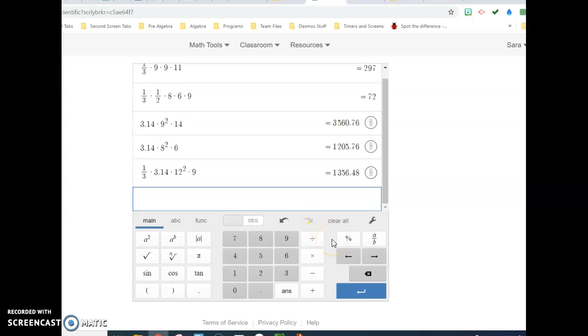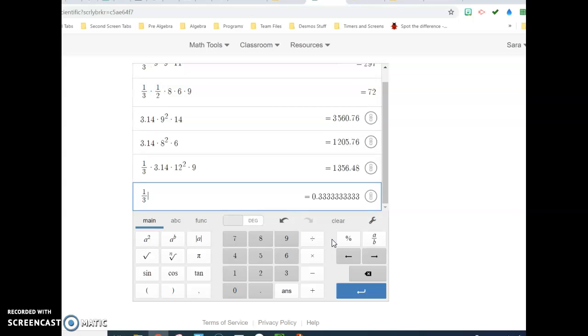So we're going to come back here one more time and do 1/3 times pi, which is 3.14, times my radius 5 squared, times 8. Okay, now this time you can see that I have more than 2 decimal places. I have 209.3 repeating.